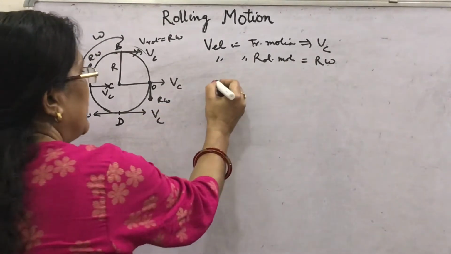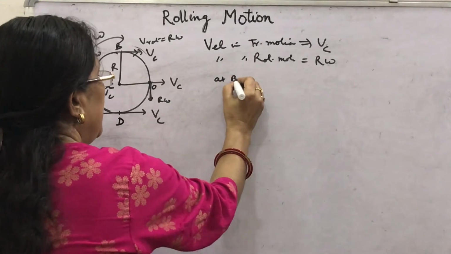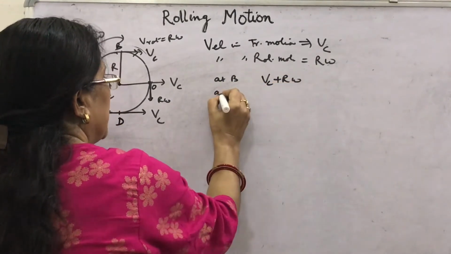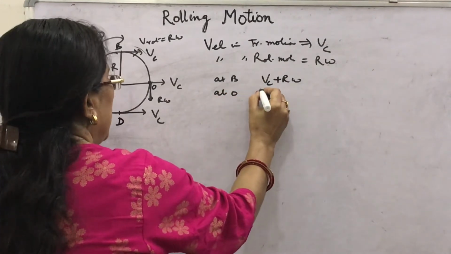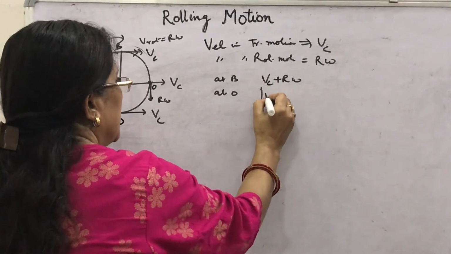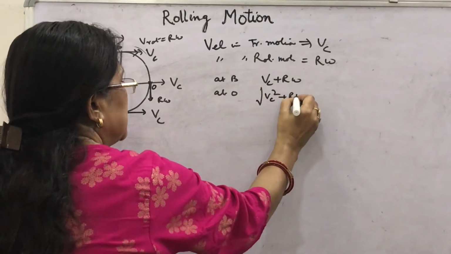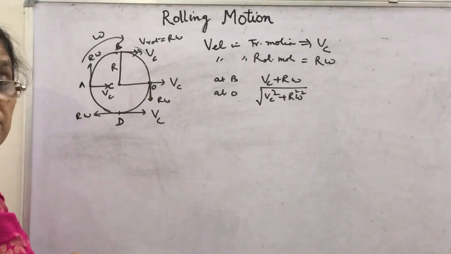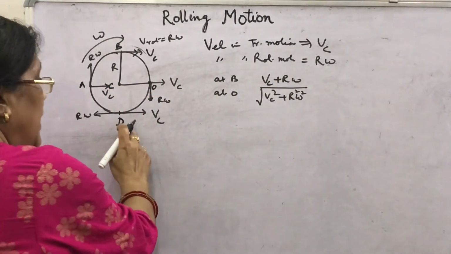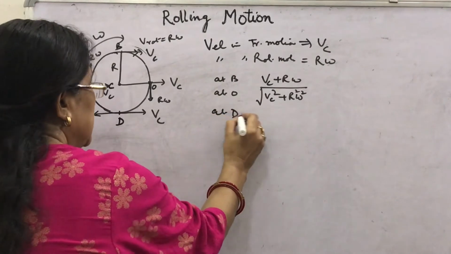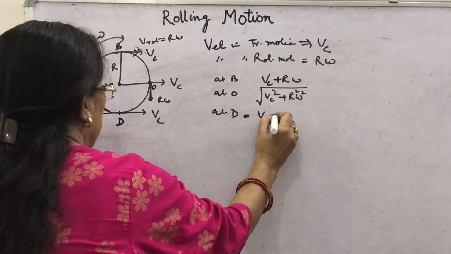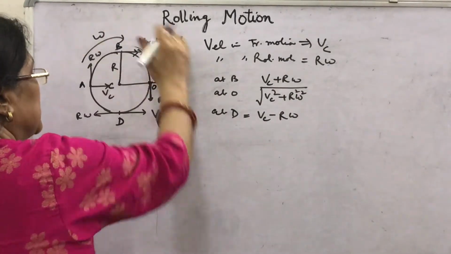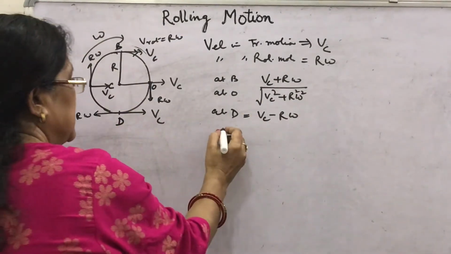So what we observe is that at point B, this will be Vc plus R omega. At point O, it will be under root Vc square plus R square omega square. Why? Perpendicular vector addition, velocity is a vector quantity. At point D, it is Vc minus R omega, opposite. Since the motion is forward, I have taken Vc minus R omega.